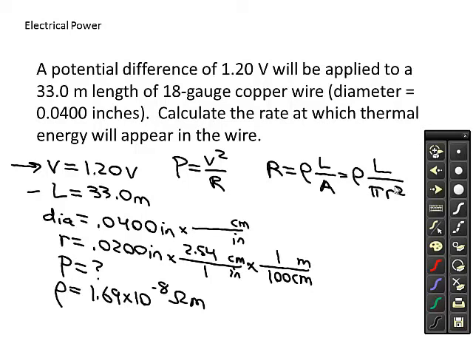All right, so let's see if I can do this without embarrassing myself. 0.02 times 2.54 divided by 100 is 5.08 times 10 to the negative 4, and that will be in meters.